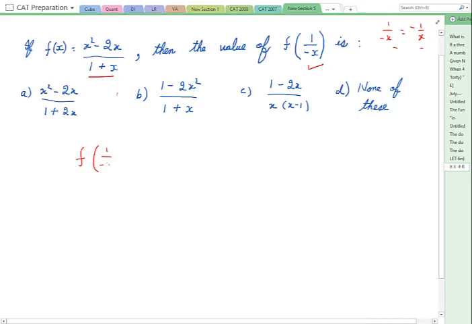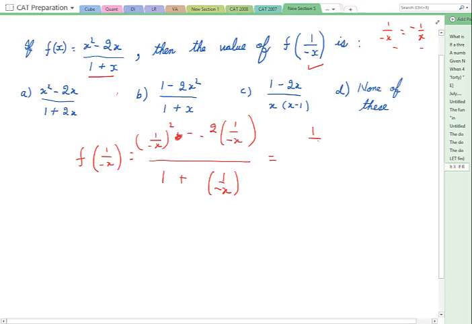So you put f of 1 by minus x equal to, we'll just replace x by minus 1 by x in the function, and this becomes 2 into 1 by minus x divided by 1 plus 1 by minus x. And then you just need to simplify.